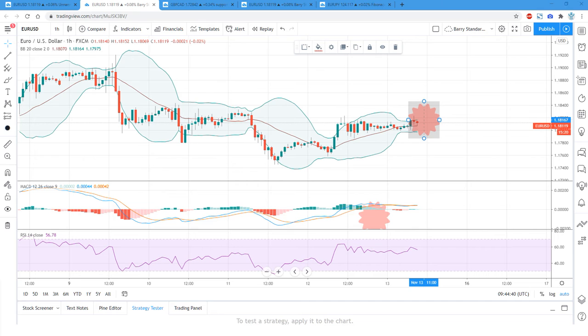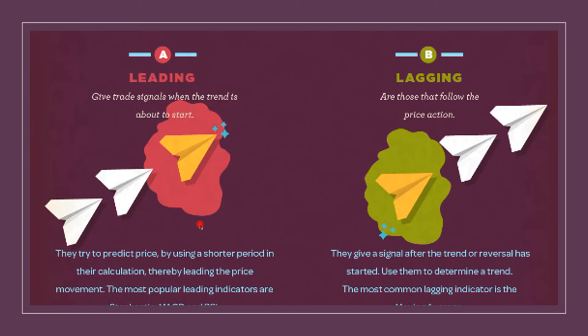Now, there are 2 main types of indicators. We have leading and lagging indicators. Now, this is not like the teacher calls you and tells you your kid's lagging behind in school. Lagging indicators are not necessarily bad indicators. Okay, they are not meant to be good and bad indicators. Leading means they lead the market.